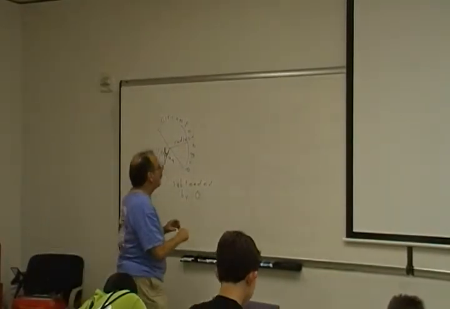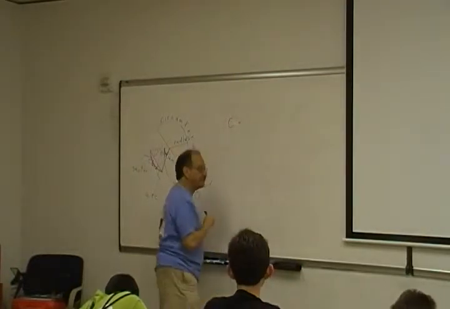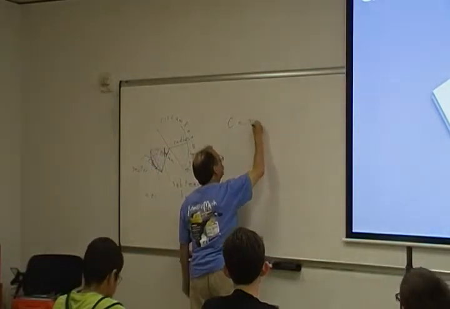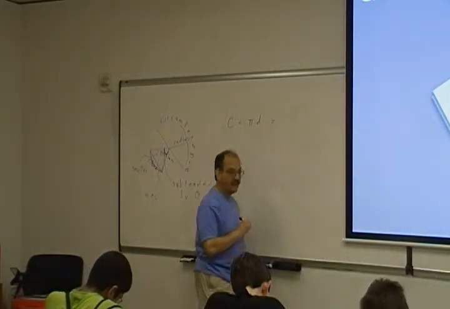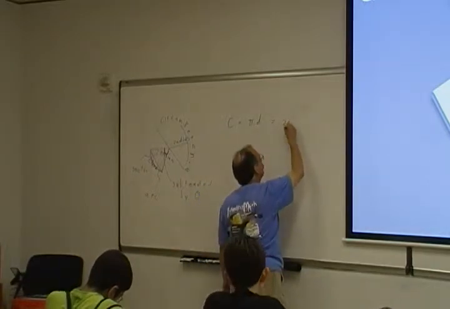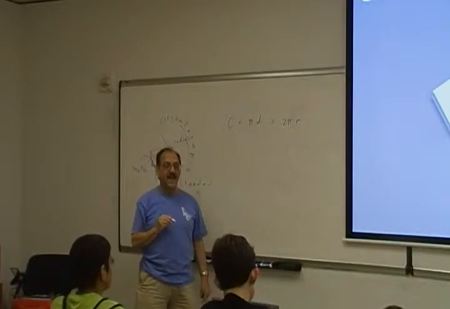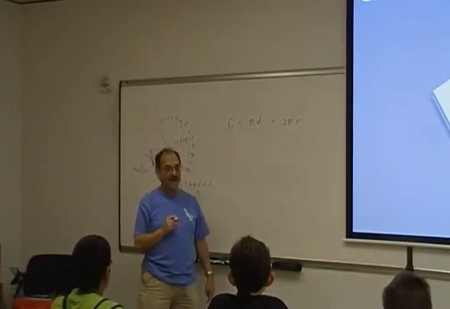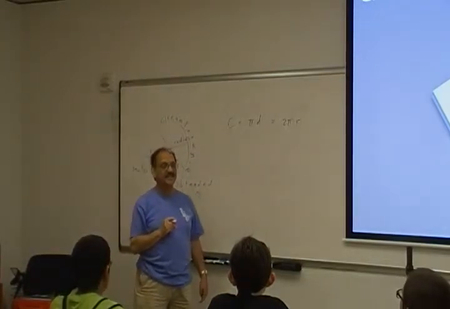Now, what's the formula for the circumference in terms of the diameter? Pi times the diameter. Or, what is it in terms of the radius? And there is a movement afoot to replace the letter pi by a new letter called tau. That's 2 pi.